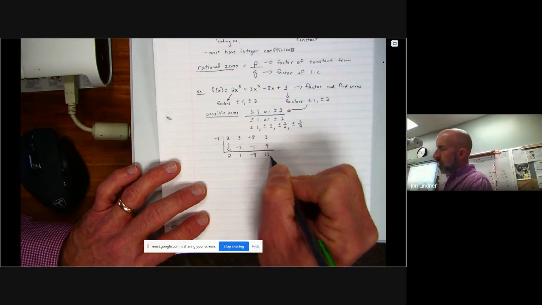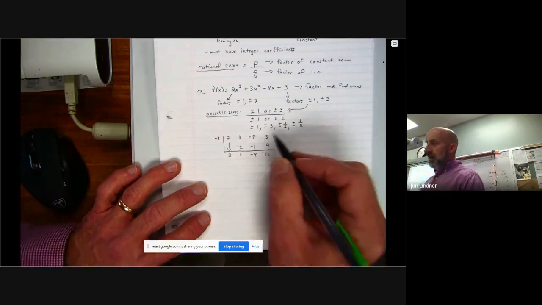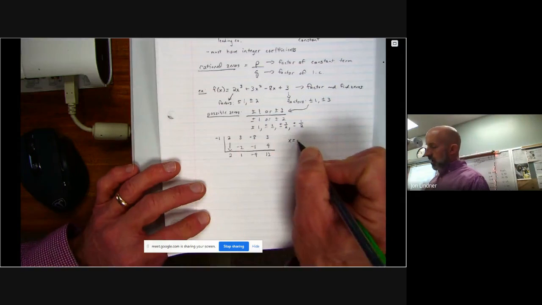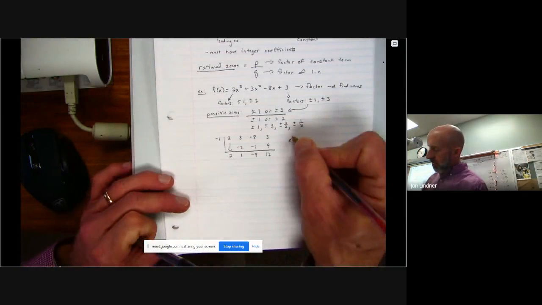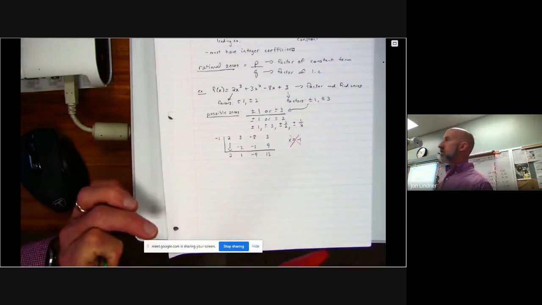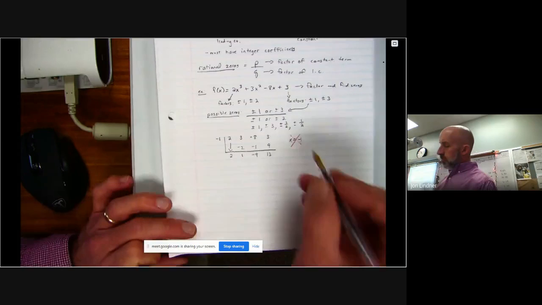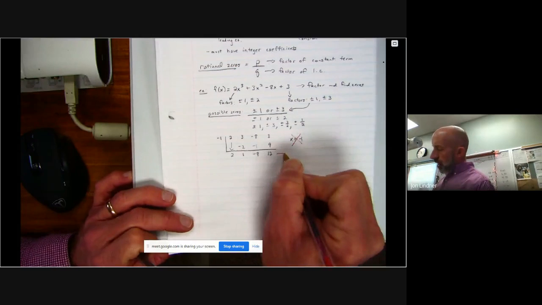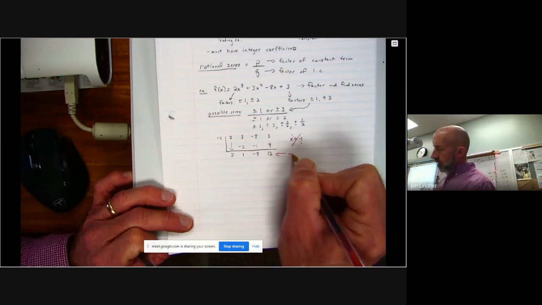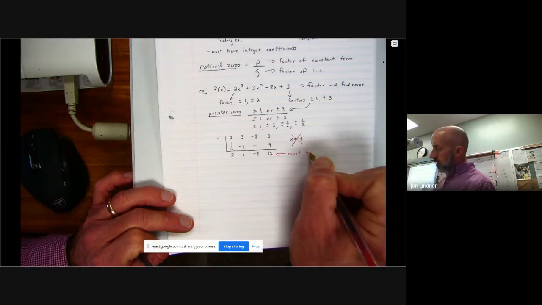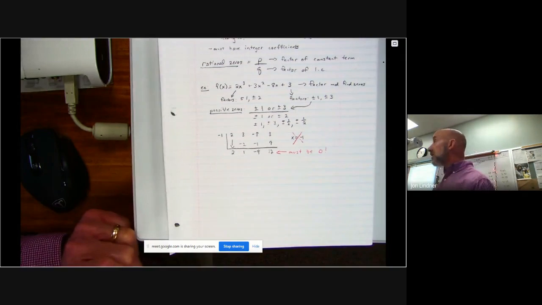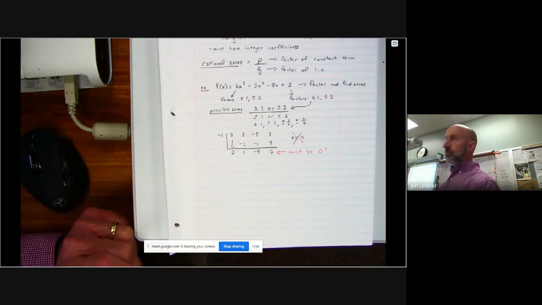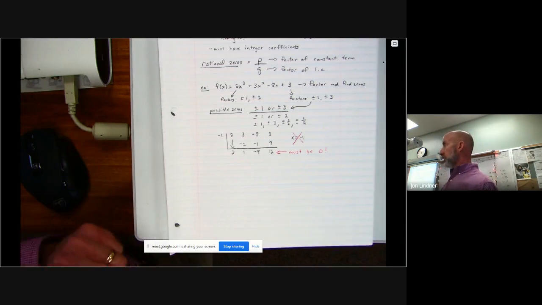And this is 12, which means negative 1 is, I'm going to get a big red pen here, not one of the zeros. For it to be one of the zeros, I have to have a remainder of 0. If I don't have a remainder of 0, it's not one of the factors. We've actually talked about that earlier this year.